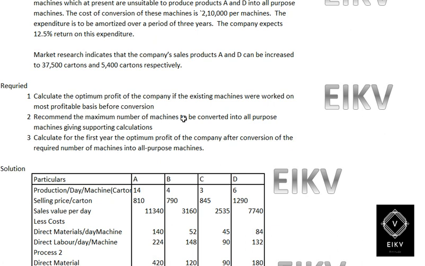Recommend the maximum number of machines to be converted into all-purpose machines, giving supporting calculations. 3. Calculate for the first year the optimum profit of the company after conversion of the required number of machines into all-purpose machines.